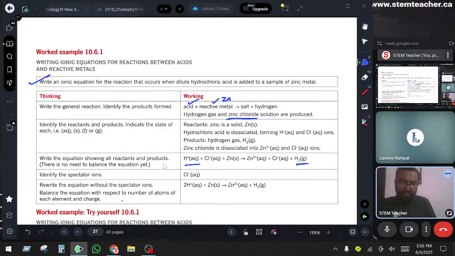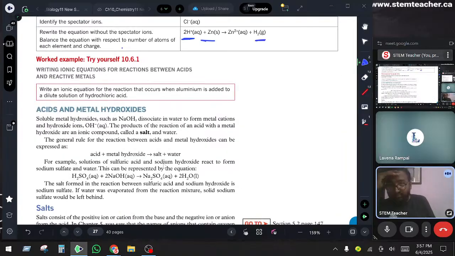Next, writing an ionic equation for the reaction between acids and metal hydroxides, which gives salt plus water. Previously we saw acid plus reactive metal gives salt plus hydrogen.